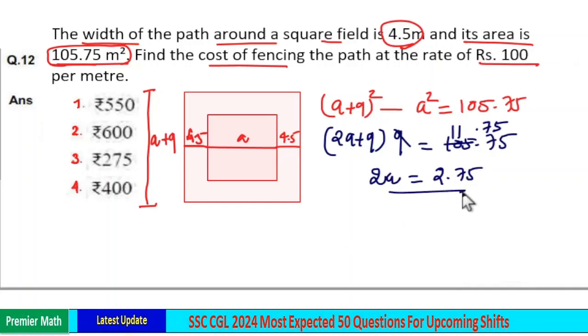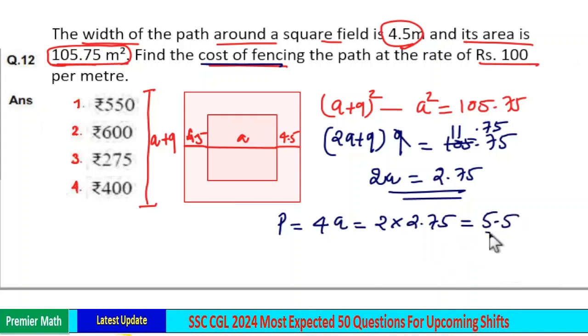If 2a is 2.75, here we need cost of fencing. To find that we need perimeter of this ground. Perimeter is equal to 4a, which is equal to 2 into 2a, that is 2 into 2.75, which is equal to 5.5.